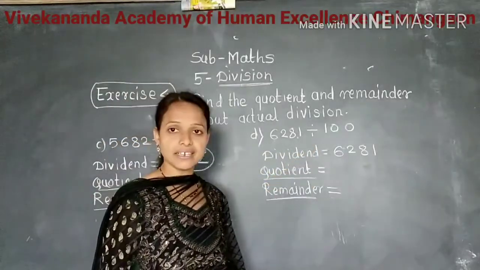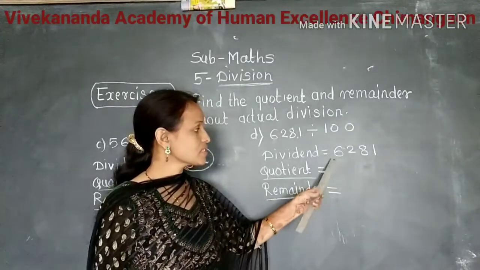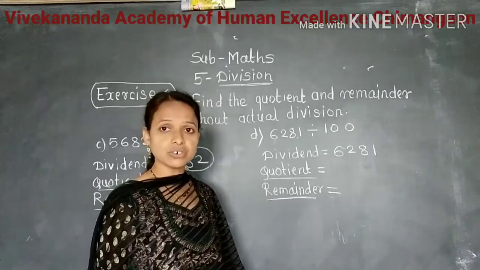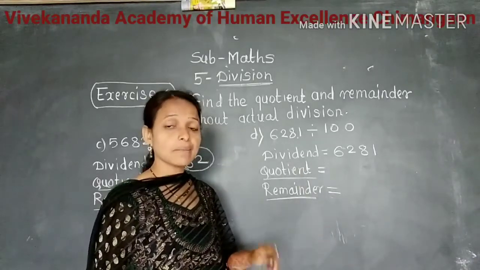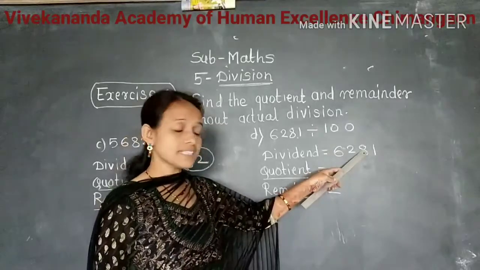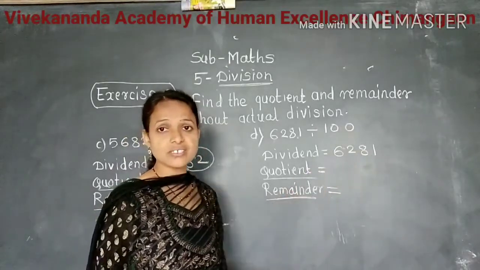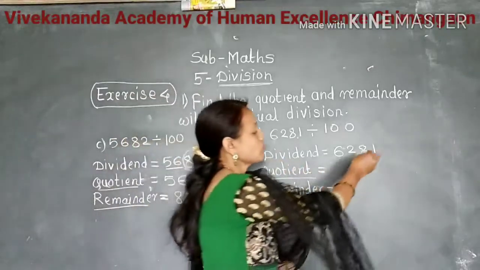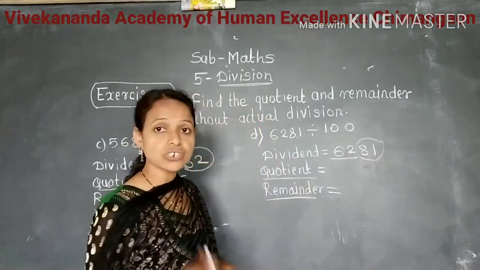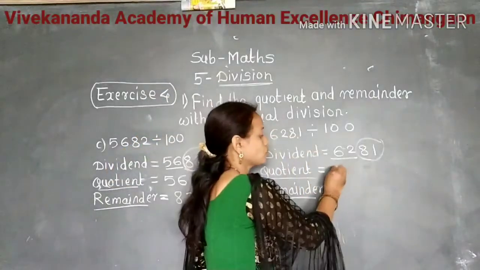6281 divided by 100. Here also the dividend is 6281. Now how do we get the quotient? The quotient is obtained by removing the tens and ones digit. Here the tens digit is 8 and the ones digit is 1. So by removing the tens and ones digit, we get the quotient 62.